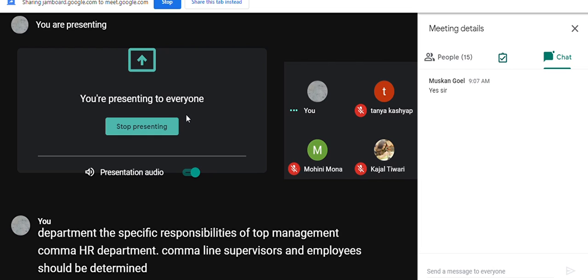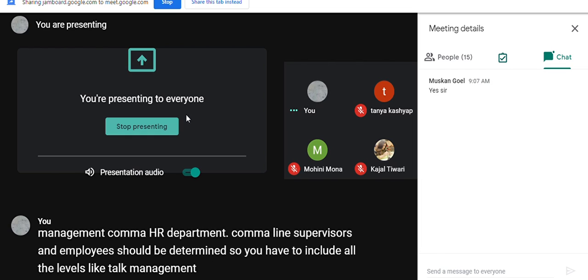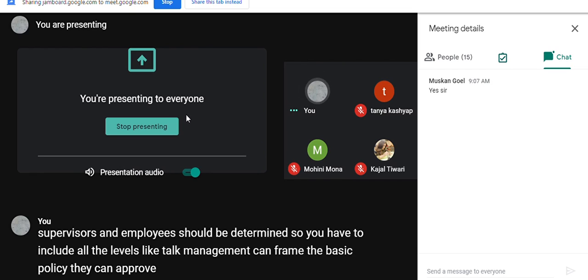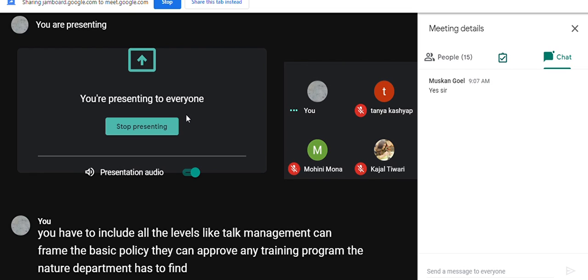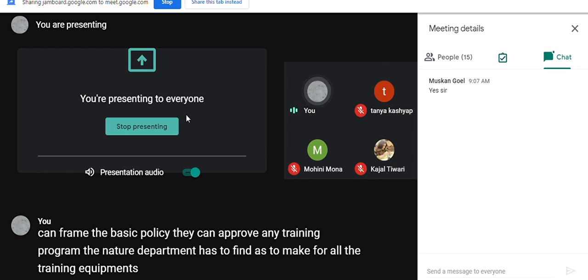You have to include all the levels. Top management can frame the basic policy and approve any training program, then the HR department has to make arrangements for all the training equipment and plan the program.